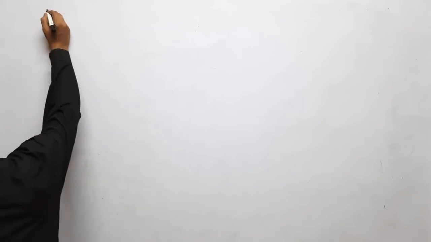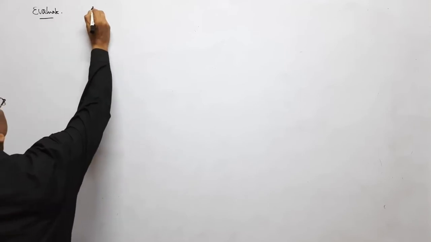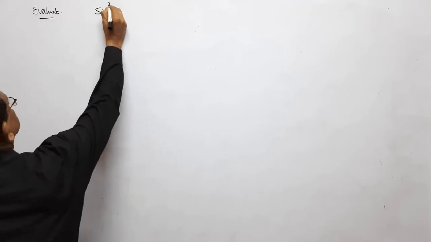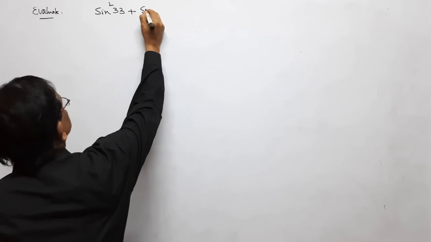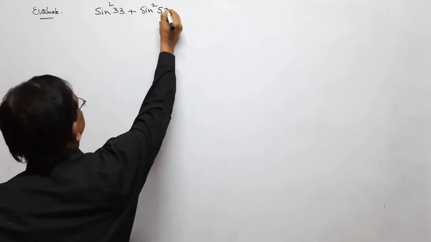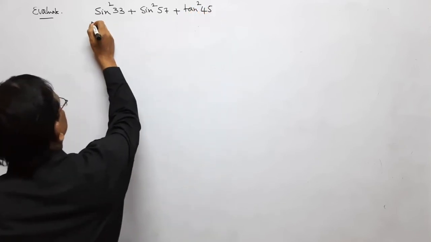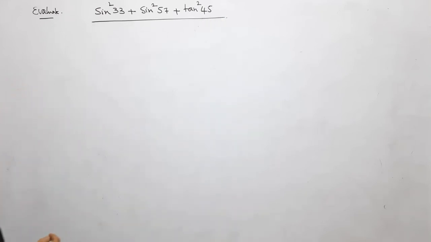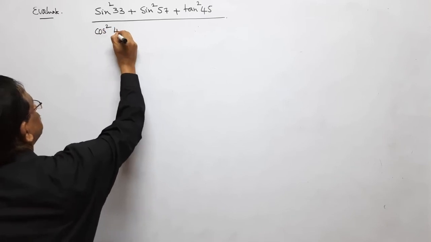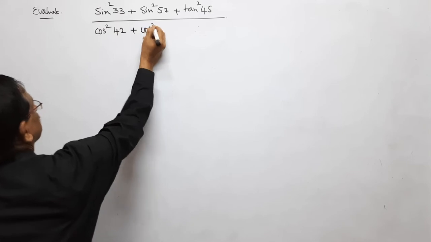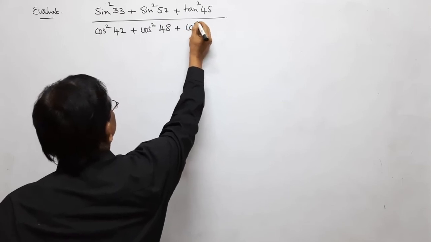So evaluate: sin square 33 plus sin square 57 plus tan square 45, by cos square 42 plus cos square 48 plus cot square 45.